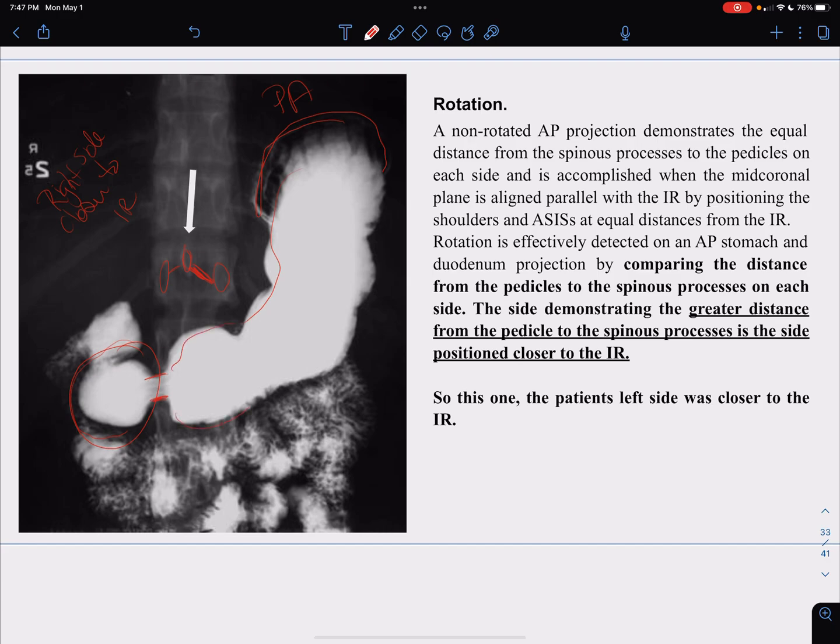Pylorus, duodenal bulb, DB. Normally, remember, in a sthenic patient, typically the duodenal bulb is going to be over here over the body. And by the looks and the shape of the stomach, I'm going to say that this is a sthenic patient, because if it were a hyposthenic, the stomach and the duodenal bulb would be a lot closer to horizontal, going straight across. So I think the reason that the duodenal bulb is located over here is just because there's some rotation.